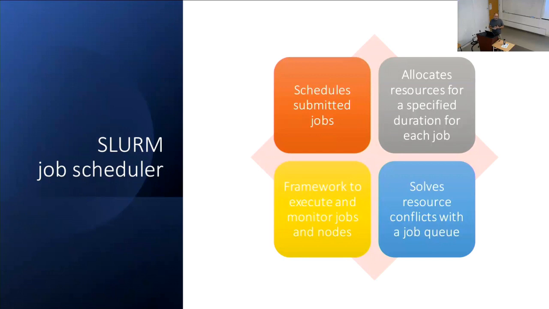So what we do is we write a Slurm script that tells the server what you want to do and how much resources you need, and then it will take this into account, along with all the other jobs that are waiting presently, and place them in a way that maximizes resource usage. And when it's ready, it's going to launch your job. It allocates the resources for one specific job for the duration of the job.